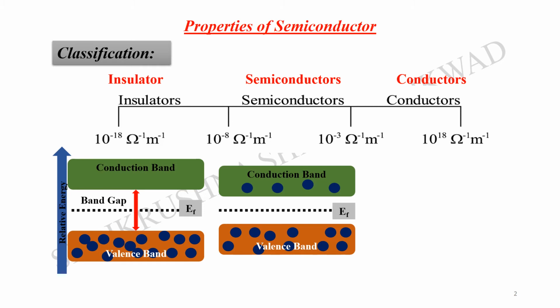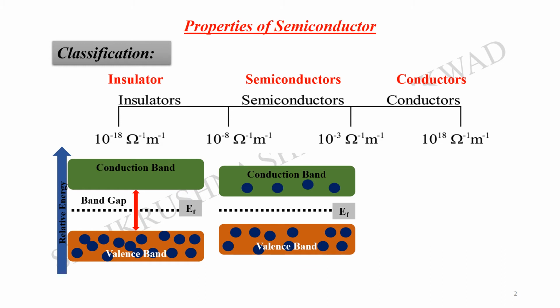So this difference is a smaller one. It can lie between maybe a few milli electron volts to maybe 2 to 3 electron volts. This much band gap is there, but obviously there are a few semiconducting materials whose band gap is more than 4 electron volts also. But again we can categorize that as a wide band gap semiconducting material, and the small band gap one as a narrow band gap semiconductor.